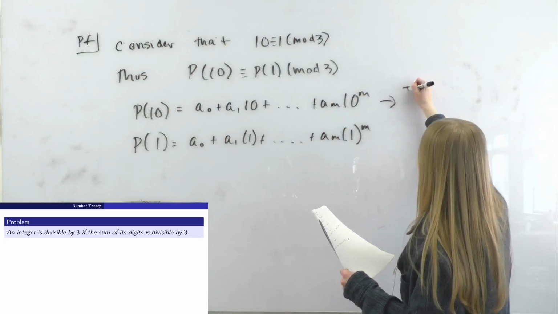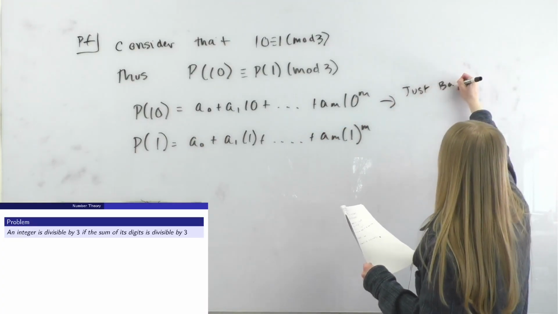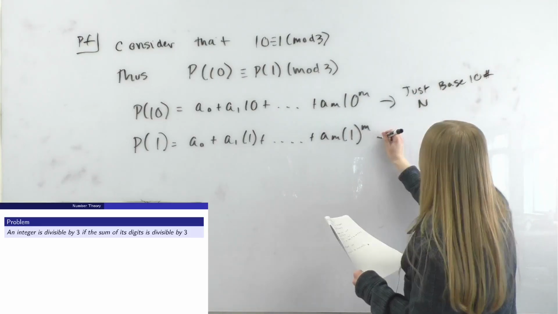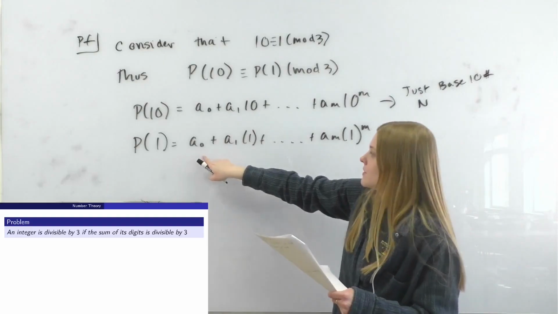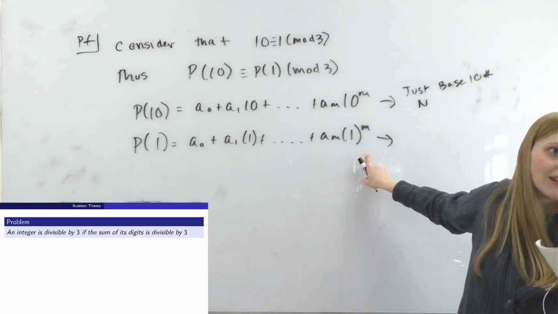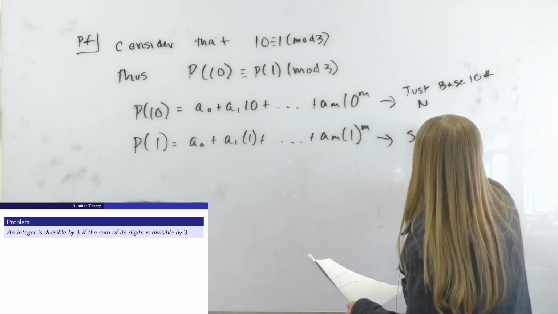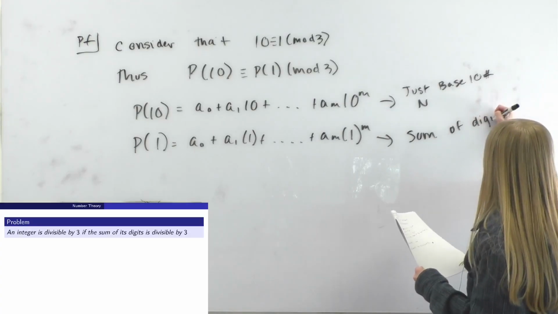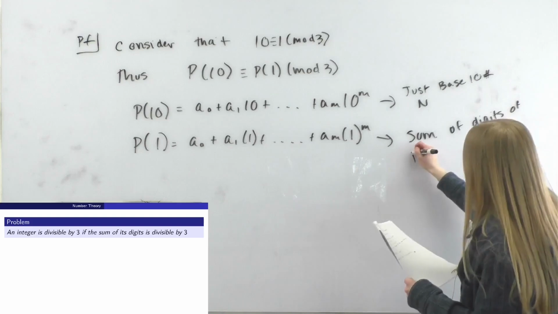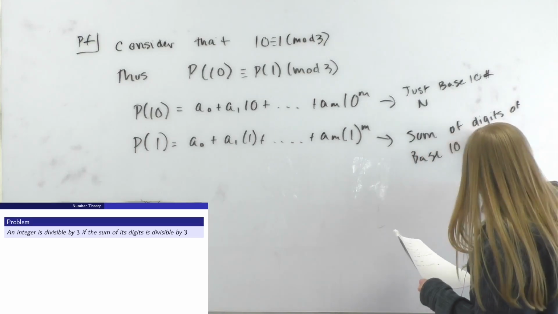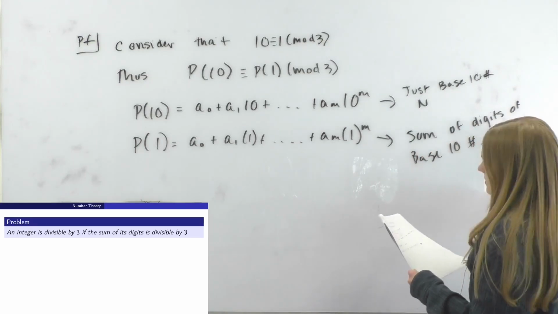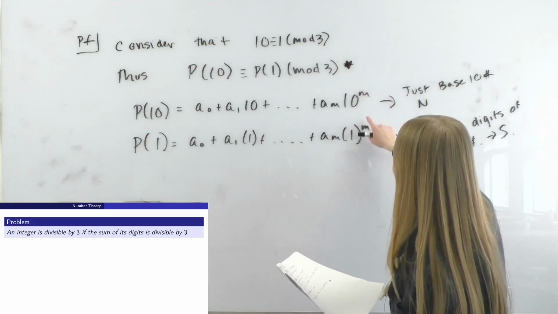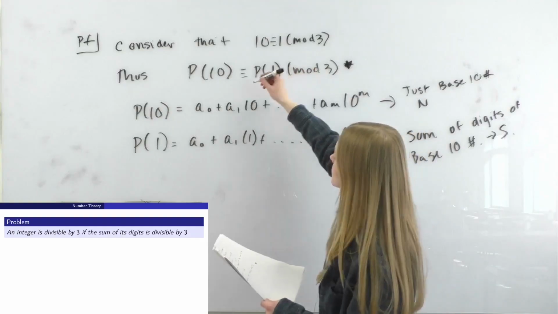This is just a base 10 number. We'll call it N. What is this? This is just the sum of the digits of this base 10 number. We'll call this S. By that previous theorem that we proved, since these are just polynomials, this is true.